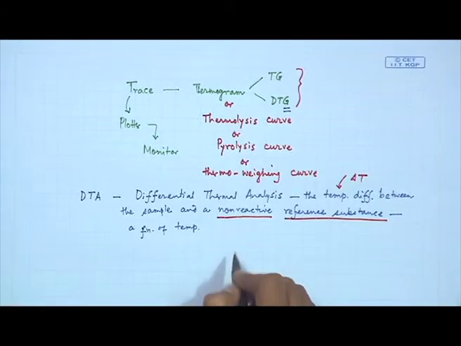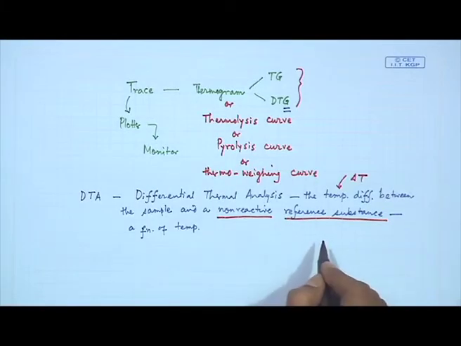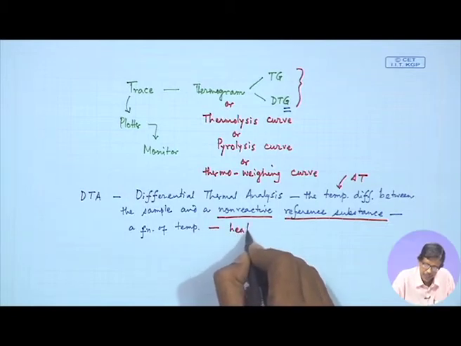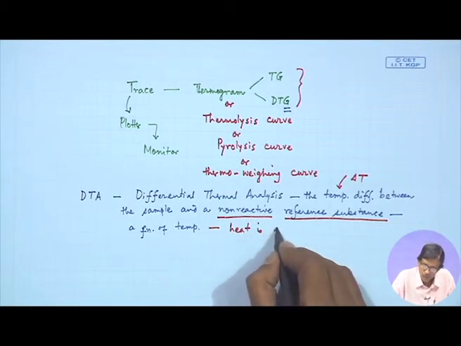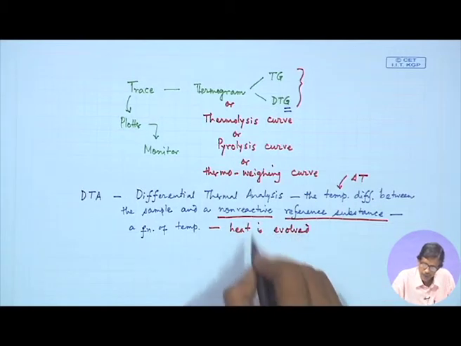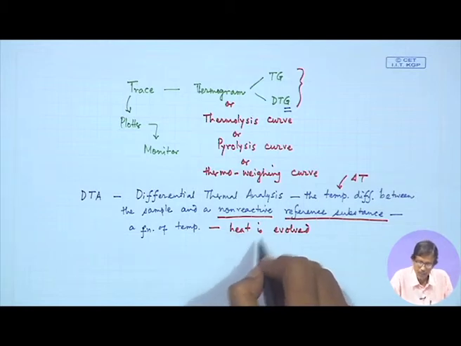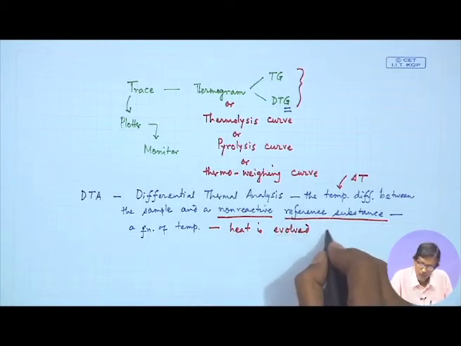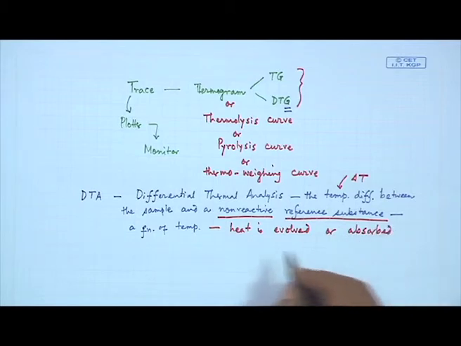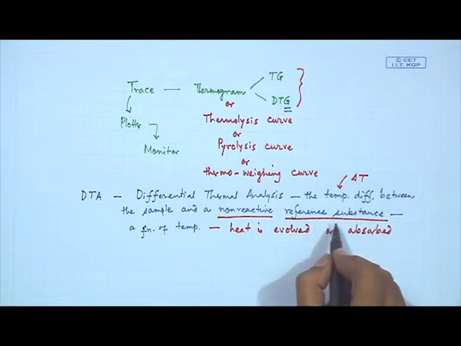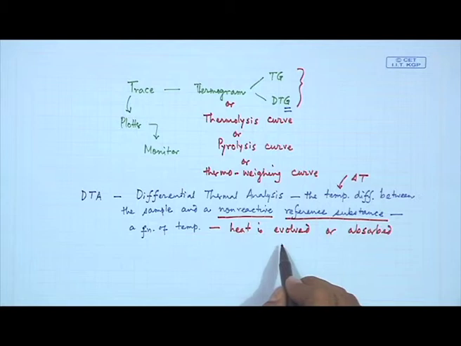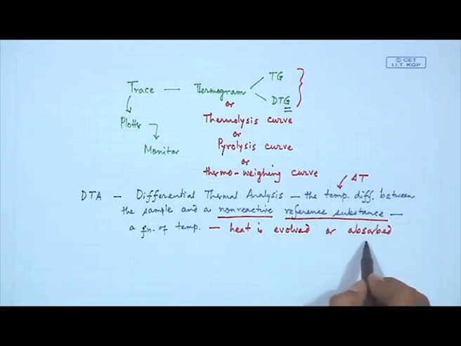So, how the rise in temperature of the two substances is taking place, such that what we are trying to monitor is the heat evolved. That means, the temperature for the sample will be more, or heat will be absorbed, where the temperature of the sample would be less compared to your reference substance, because the reference substance will not undergo any such heat evolution or heat absorption.